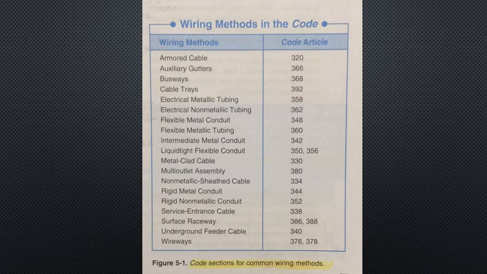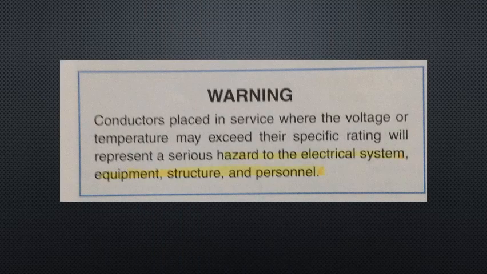General rules and requirements. The code under Article 300, Wiring Methods, addresses the acceptable methods of installing conductors. Choosing the right method for a wiring job depends on the environment where the wiring is to be installed. Certain wiring methods are only permitted in a limited range of conditions.